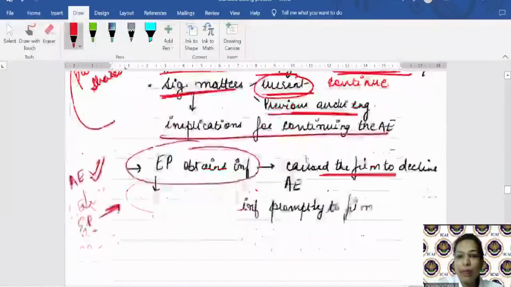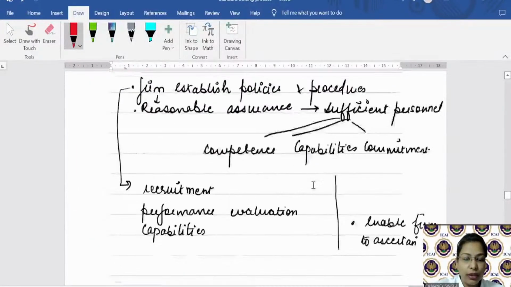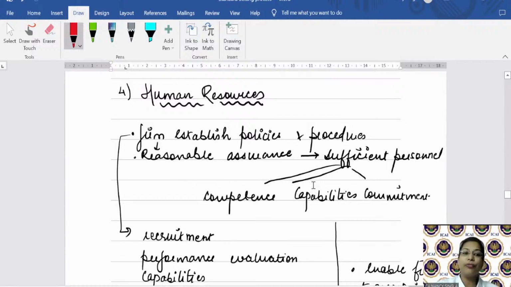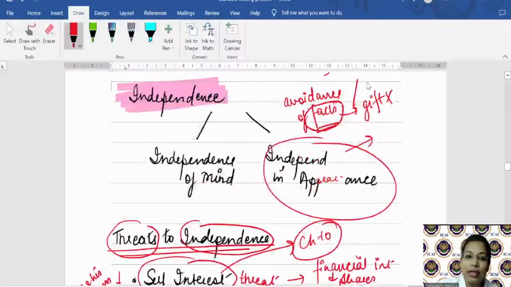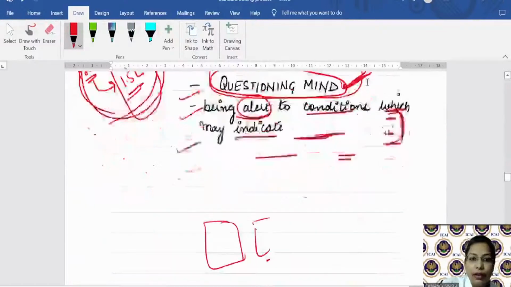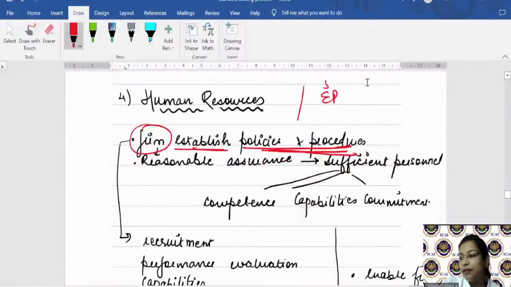Connecting language can be your own, but try to pick up the keywords. जैसे देखो ये वाला human resources हम यहाँ से पढ़ते हैं, देखो. So the firm should establish the policies and procedures. अब ये देखो common है ना. आगे हम human resource, then engagement performance पढ़ेंगे 5th point, then we will be studying the 6th point as monitoring. Same language is used everywhere.